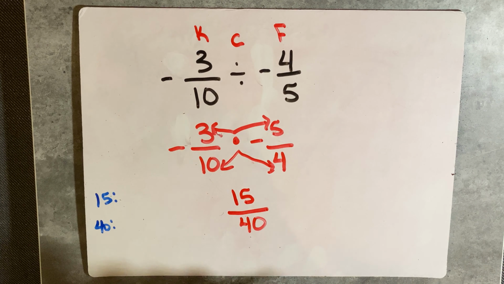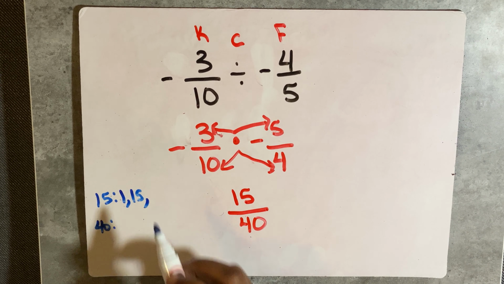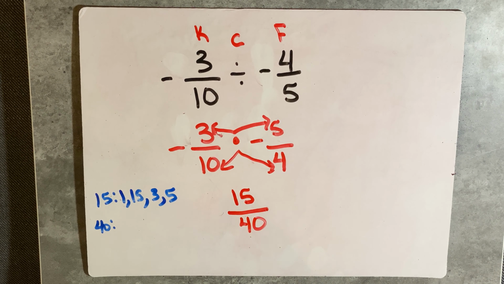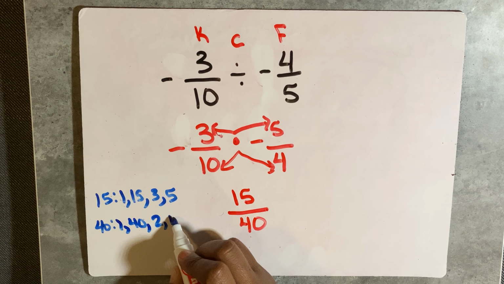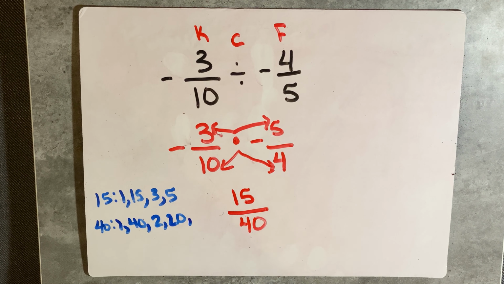So for 15, I know that 1 times 15 is 15. And I know that 3 times 5 is 15. What about 40? I'm sorry, 1 times 40 is 40.